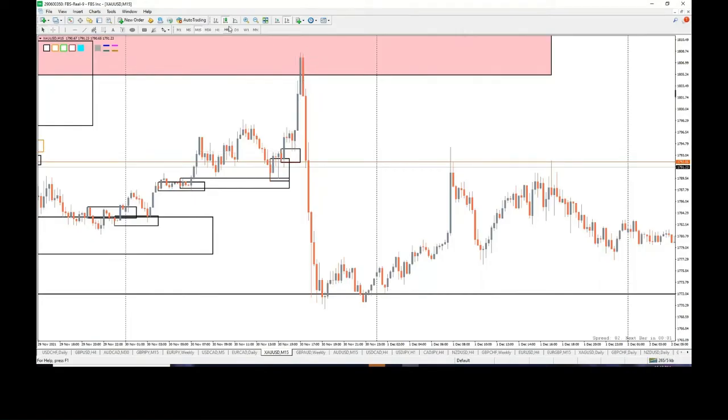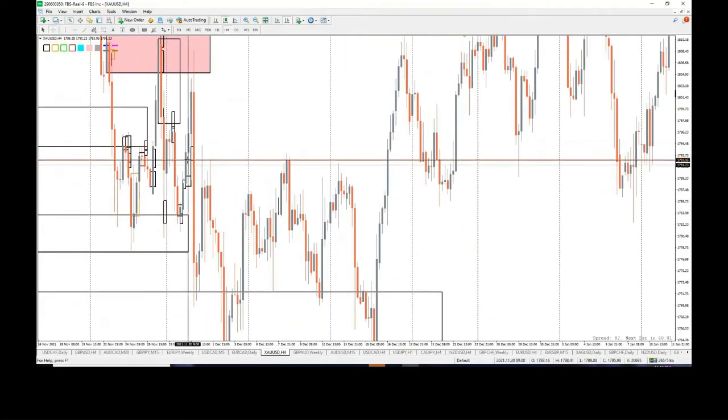This is what I'm talking about when you have to use M5, M1, or M15 for confirmation. This is news. When there's news, price always goes like that, boom.